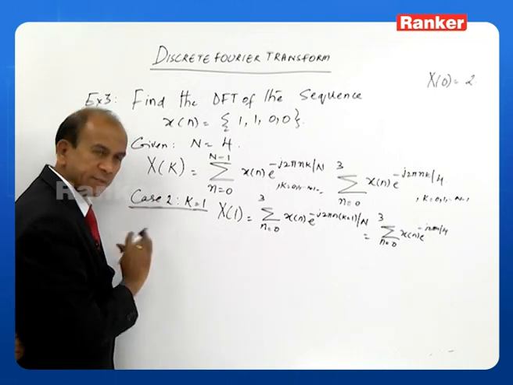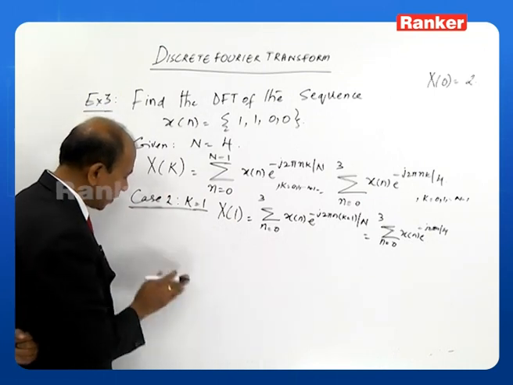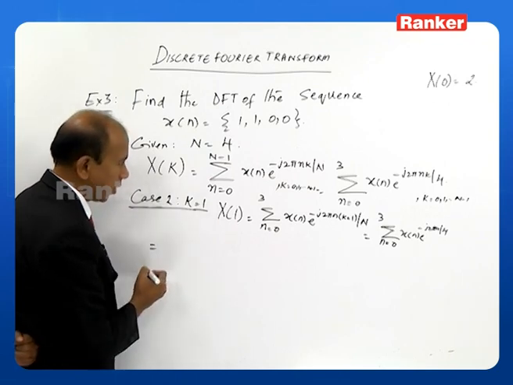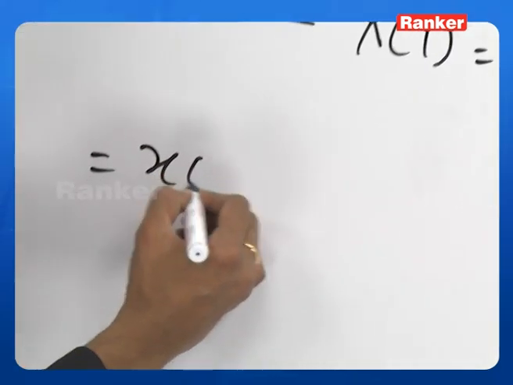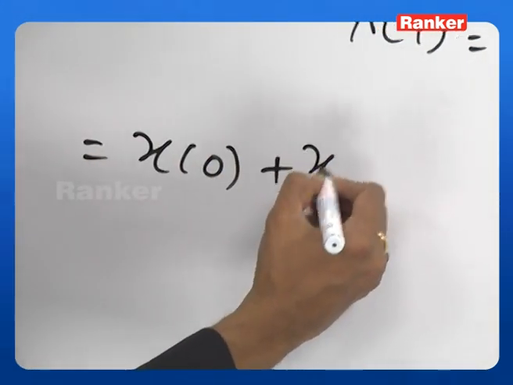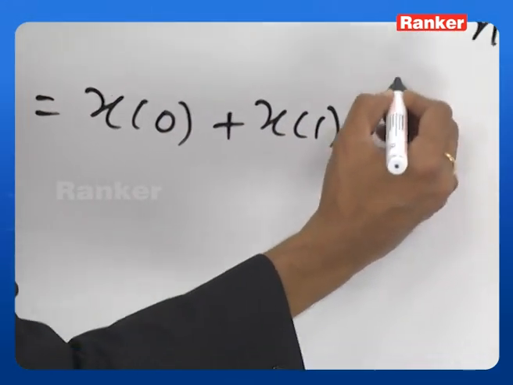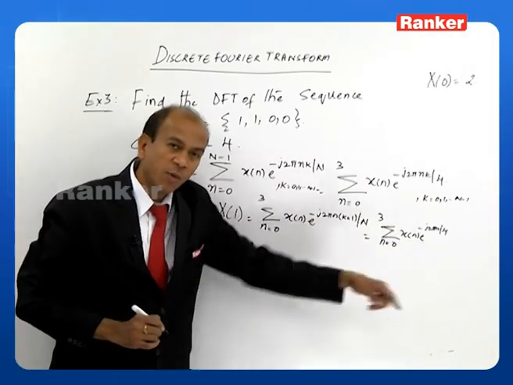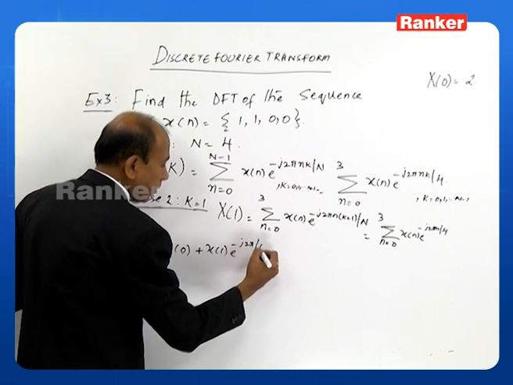Now let us expand the summation. Expanding the summation, what I'll get here is, first of all, x of 0, absolutely no problem because you can just write like that. Then comes x of 1 e to the power of minus j 2 pi, now n is also equal to 1, so that will be minus j 2 pi by 4.